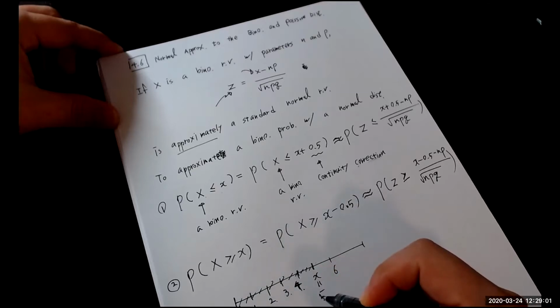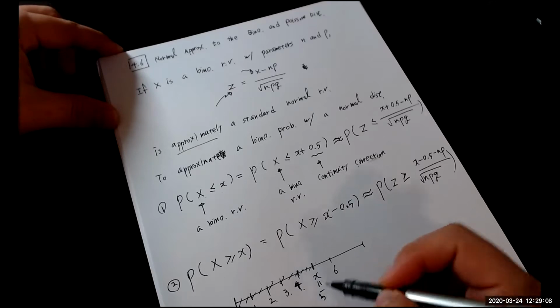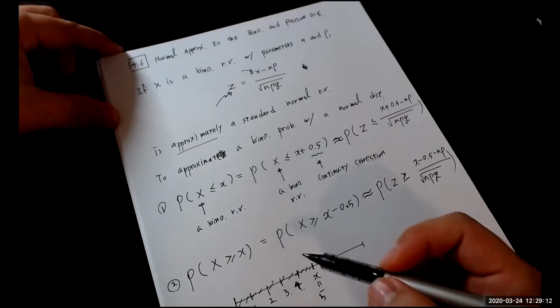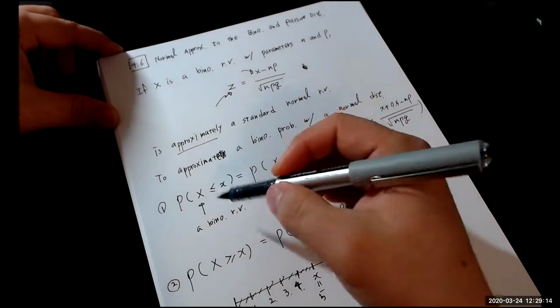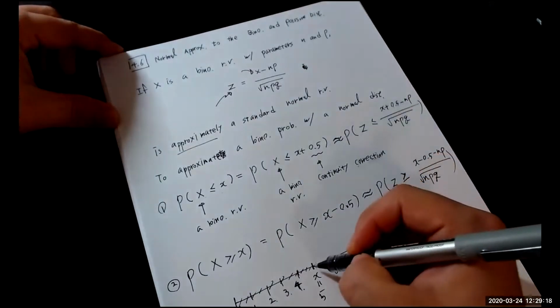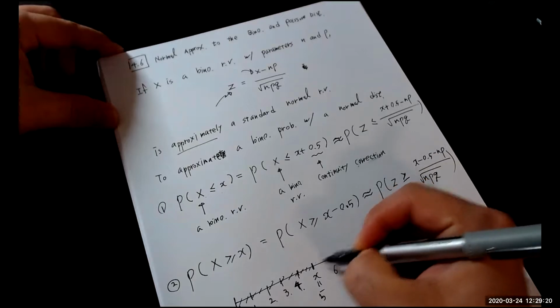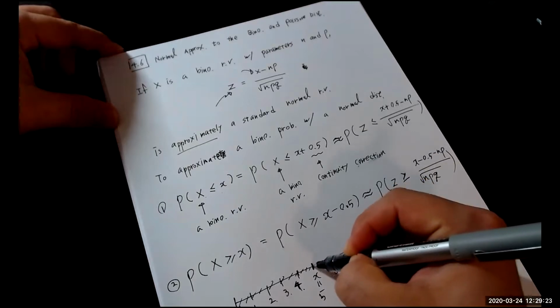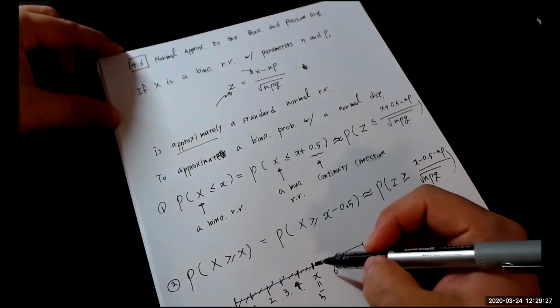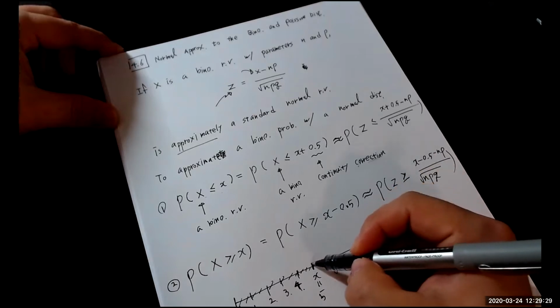But when we transform the discrete random variable to the continuous random variable, for 5 through 6 we may lose the probability that x is between 5 and 6.